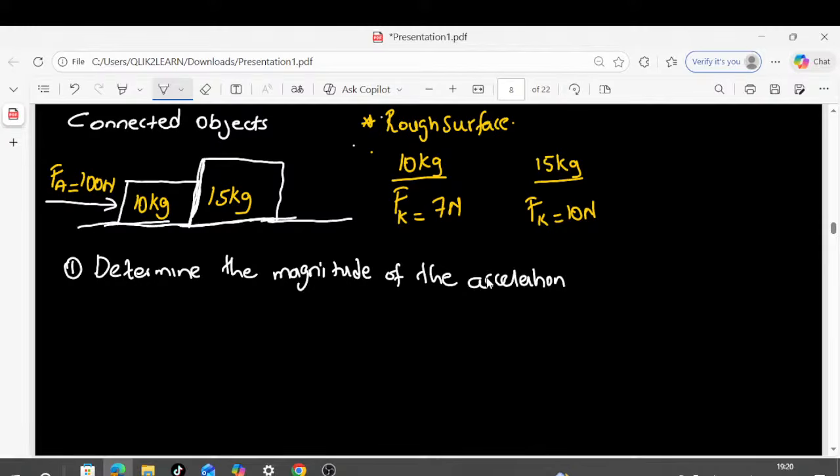Number 2, they want you to determine the force the 10 kg block exerts on the 15 kg block.